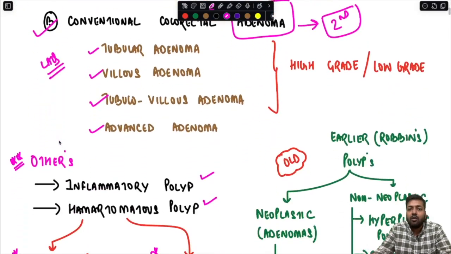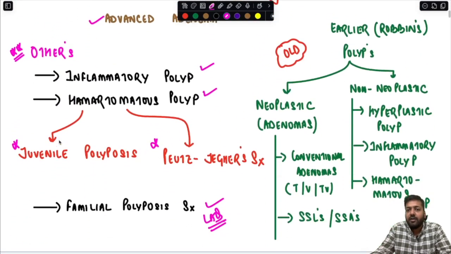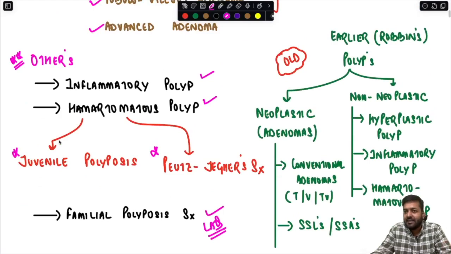Now, before I move any further, try to understand that in Robbins' 10th edition, a very old concept of polyp classification is given, which I have also taught in the previous lectures. But now, given the current molecular scenario and the molecular alterations which are seen, we cannot classify them like this.